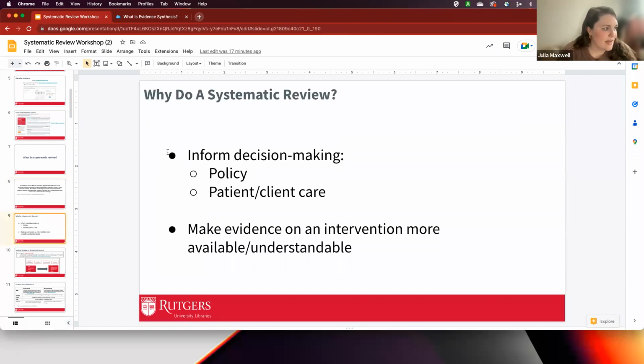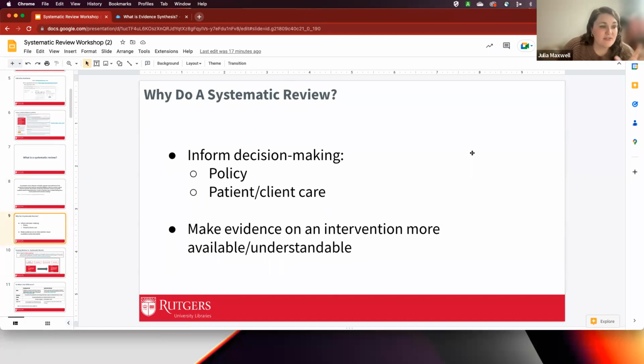So why do a systematic review? The biggest reason is to inform decision-making. Systematic reviews started in the health sciences for practitioners to be able to understand all of the different evidence across all of the different papers published on one particular intervention.